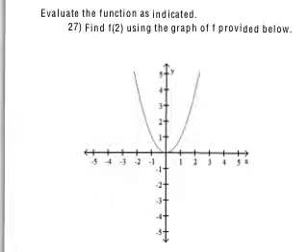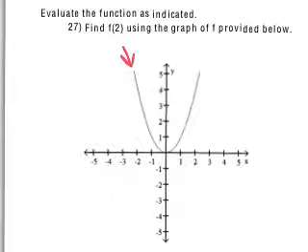Number 27. Evaluate the function as indicated. So now we've crossed over into function land. Chapter 8. Find f of 2 using the graph of f provided below. This graph of f describes what the function is doing.